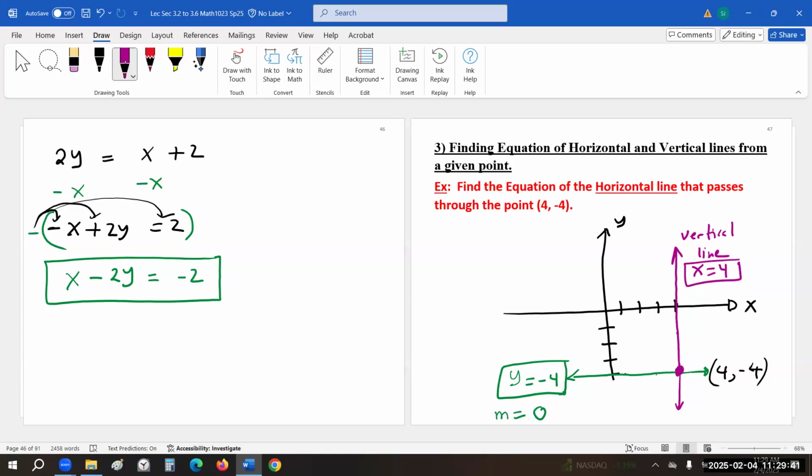And what is the slope of any vertical line? Undefined. So our slope is undefined. They didn't ask us, but we did extra. And vertical line.